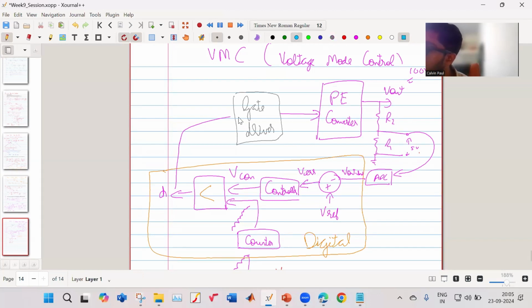And then, that means this entire part is analog. This entire part is analog, this entire part is digital. So now to go from analog to digital, I need an ADC. Now this is a digital value, which through a gate driver is something which will generate an analog signal. Okay.